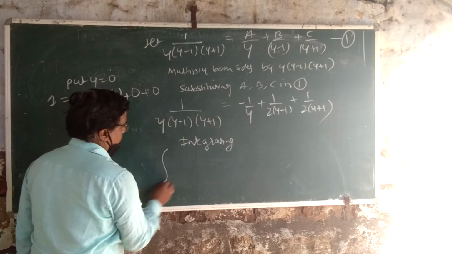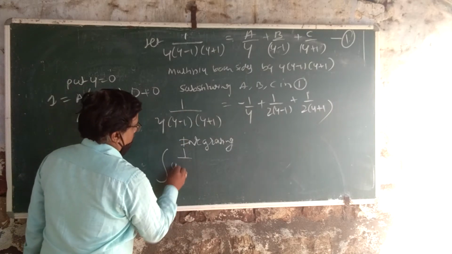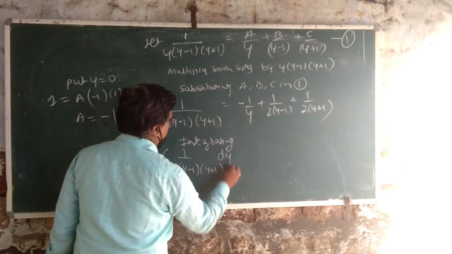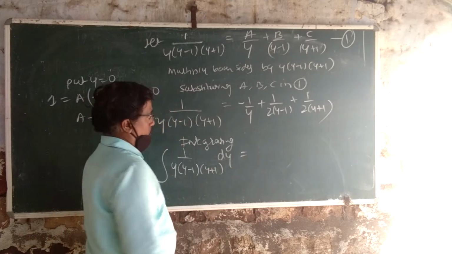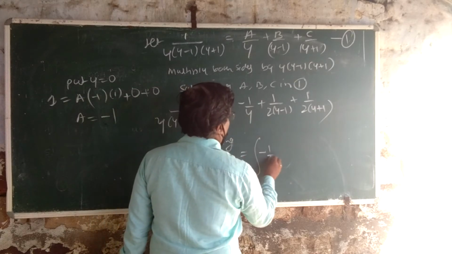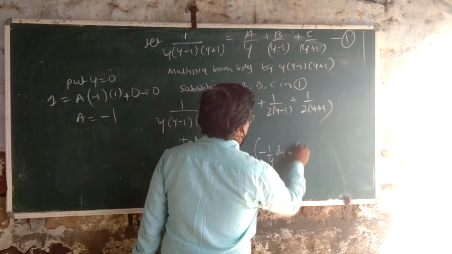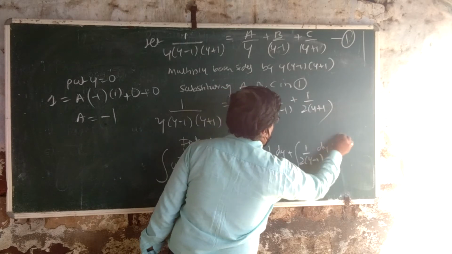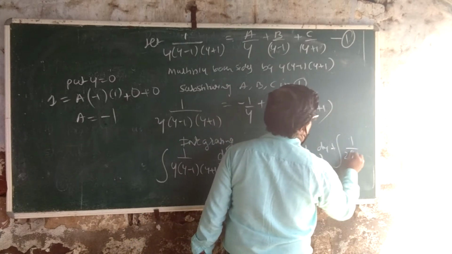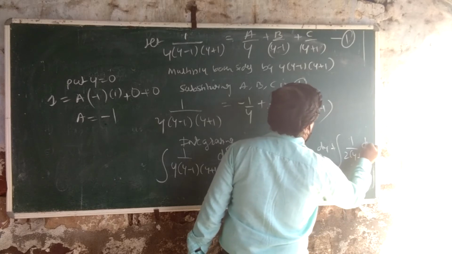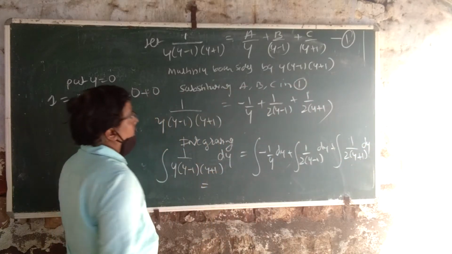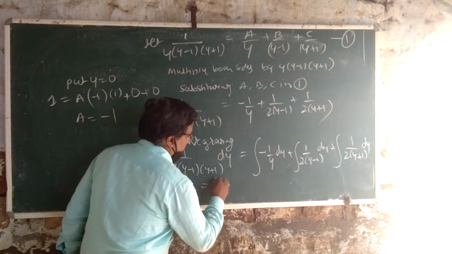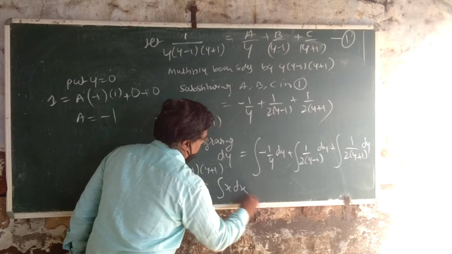So it gives integration of 1 by y into y minus 1 into y plus 1 dy is equal to integration of minus 1 by y dy plus integration of 1 by 2 into y minus 1 dy plus integration of 1 divided by 2 into y plus 1 dy is equal to, in the original equation here we have integration of x dx.